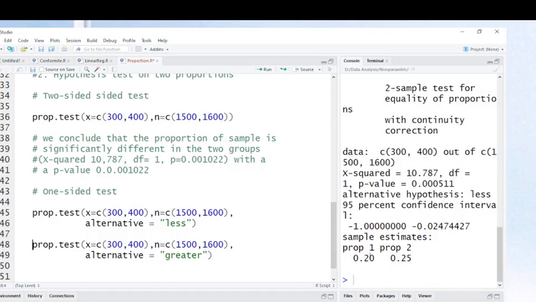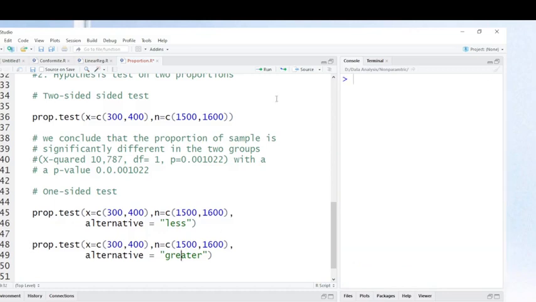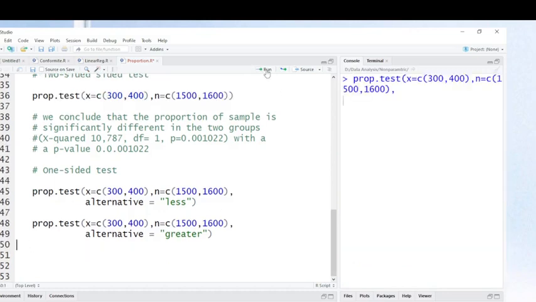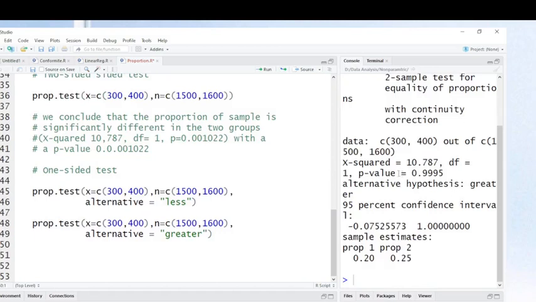When we use greater, for instance, we will see that the p-value will be greater than 5%. And look here, friends, when I run this test, as you see here, the p-value is greater than 5%. That means this proportion is greater than this one. That is what it means.